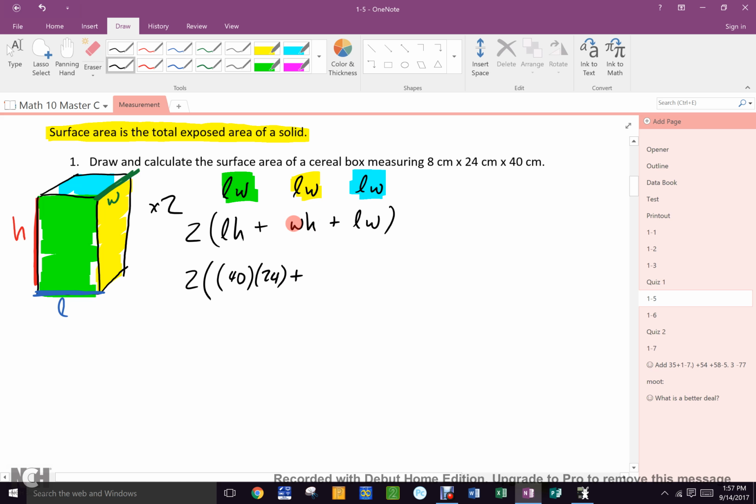Which means WH must be what? 8 and 24. And LW must be what? 40 and 8. Everybody understand? Now, punching that into your calculator is actually very difficult to do all in one shot.